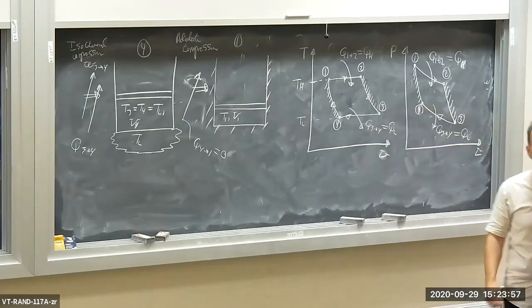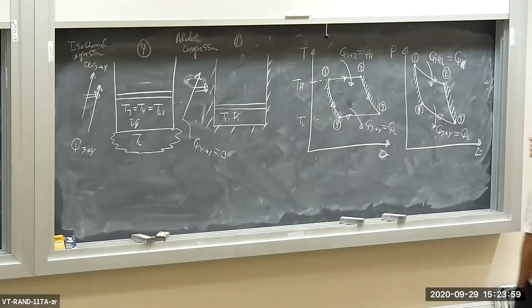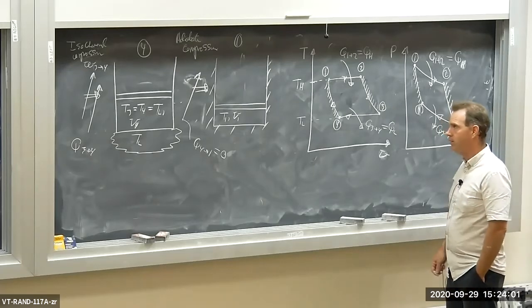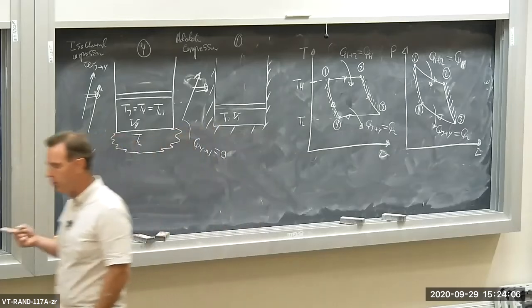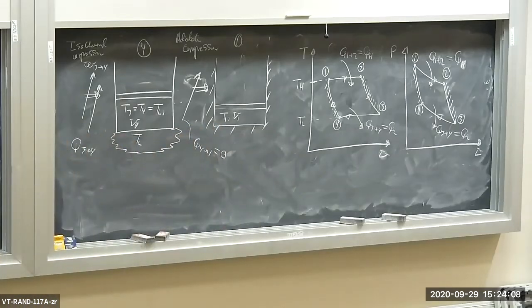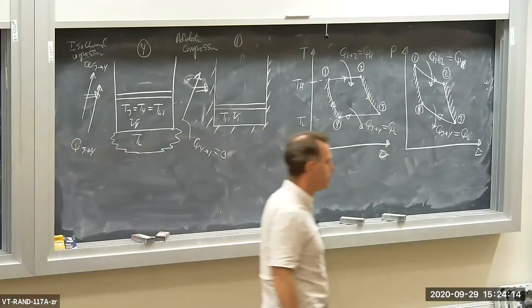No finite temperature difference. So there's no irreversibility here due to friction, no irreversibility due to unrestrained expansions, and no irreversibility due to heat transfer across a finite temperature difference.